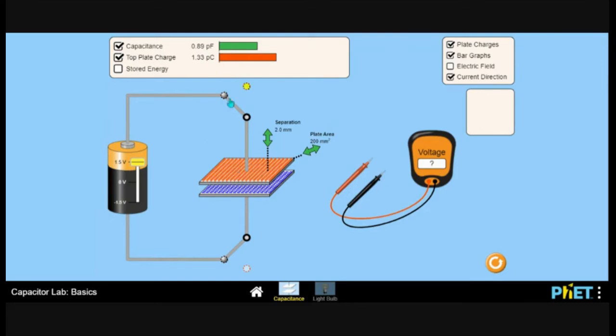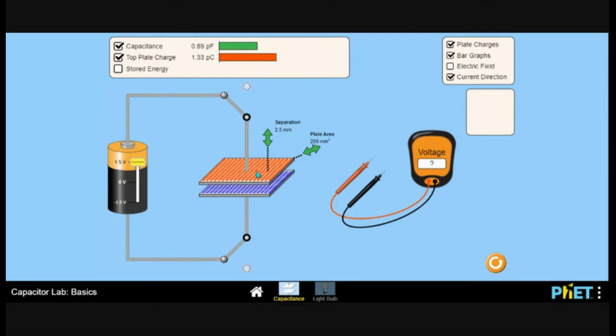Now this means that if we decrease the distance between two conducting plates, the capacitance will increase, because in the equation that we have, C is equal to epsilon naught multiplied by the surface area A over d, the distance is inversely proportional to the capacitance.